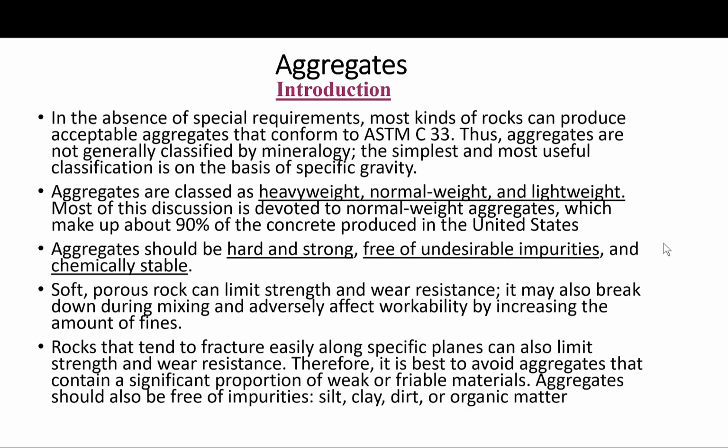But in the absence of special requirements, in general, most kinds of rocks can produce acceptable aggregates that will conform to ASTM C33, which we will discuss later. So aggregates are not generally classified by mineralogy. The simplest and most useful classification is on the basis of specific gravity, as we will see later.